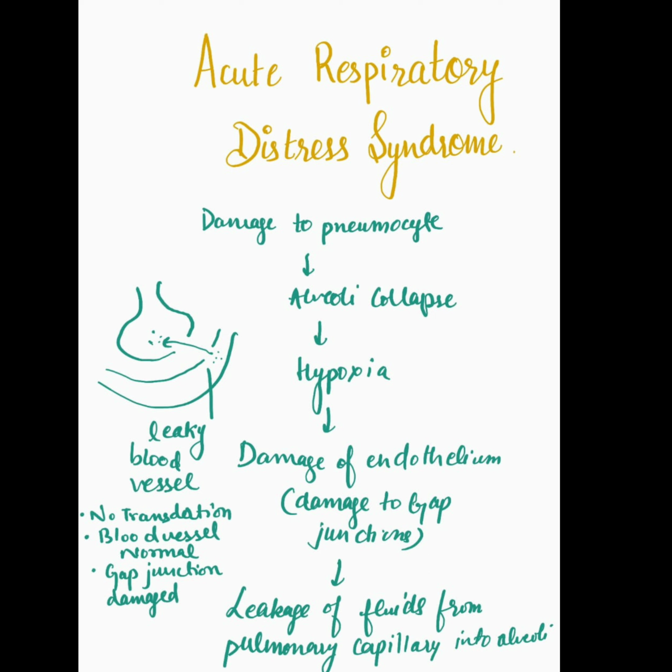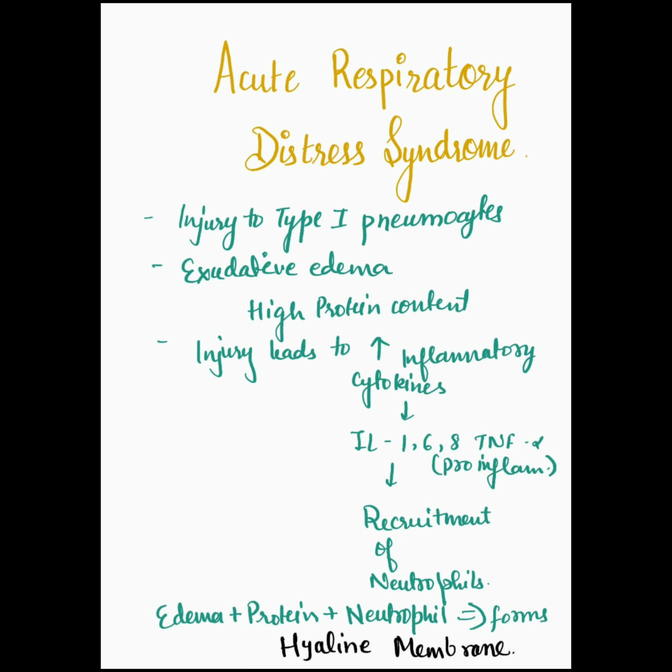Hypoxia will damage the endothelium, which forms the gap junction. So the gap junction is damaged, the alveoli are damaged, the alveoli are collapsed. So there will be leakage of fluid from the pulmonary capillary into the alveoli. There is no damage to the blood vessel. Due to damage of the gap junction, there is leakage of fluid. So it is not transudate. Okay, it is exudate. Amazing!